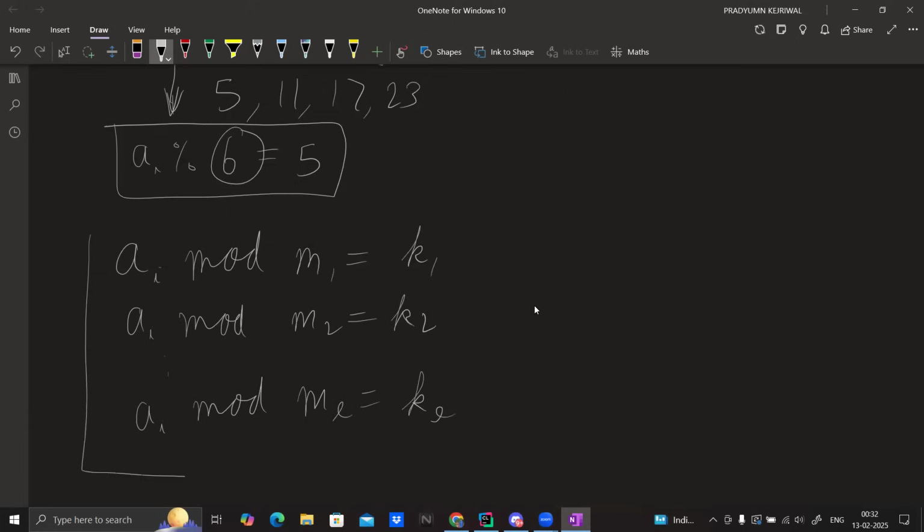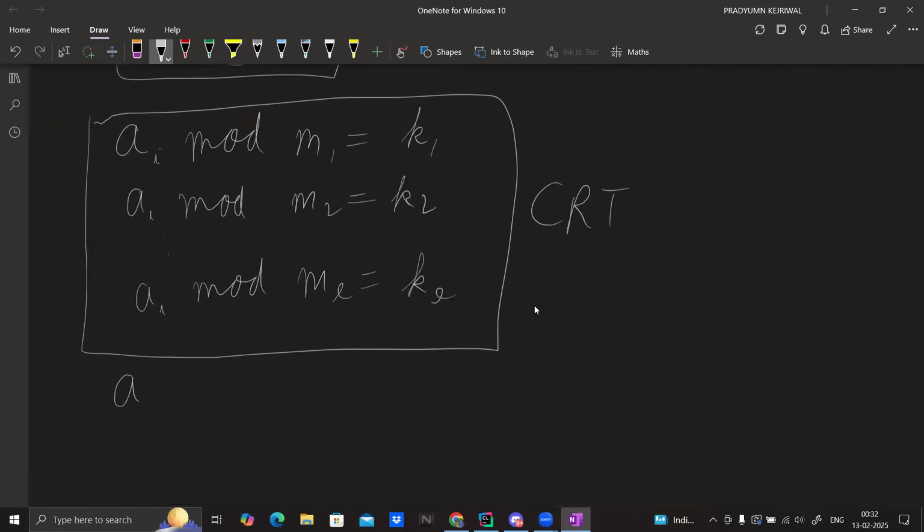If these are simultaneous equations, then the Chinese remainder theorem states that AI mod the LCM of M1, M2, up to ML can be determined, right?